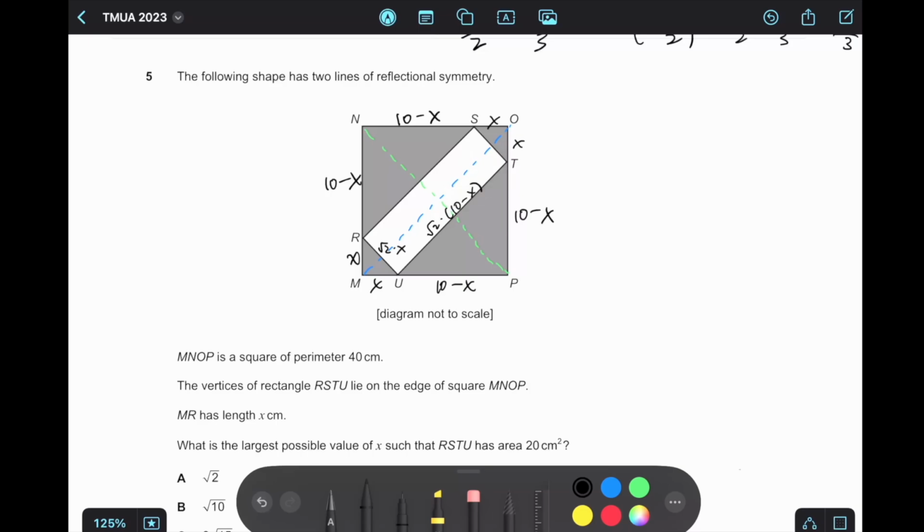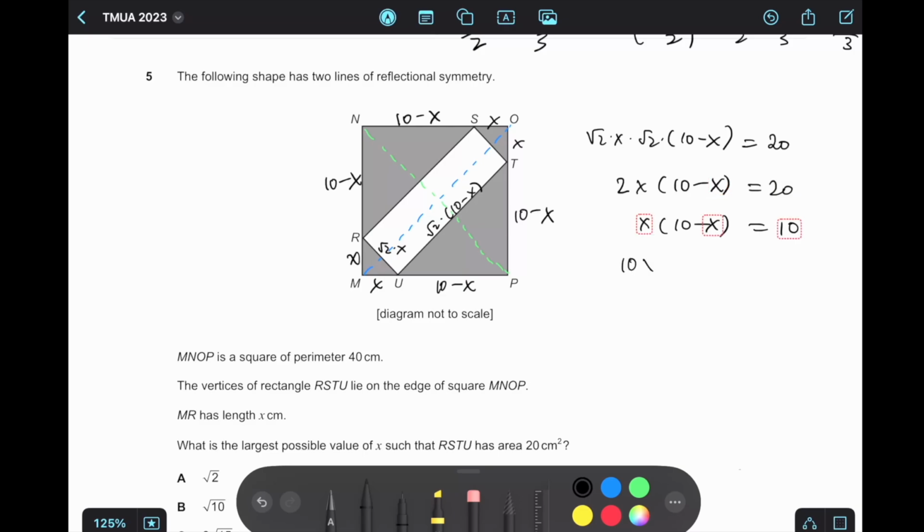So the area of RSTU would be root 2 times x times root 2 times 10 minus x. And that should be equal to 20. How can this be? 2 times x times 10 minus x would be equal to 20. Therefore, x times 10 minus x would be equal to 10.